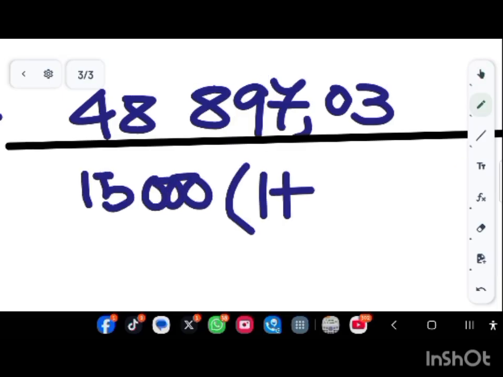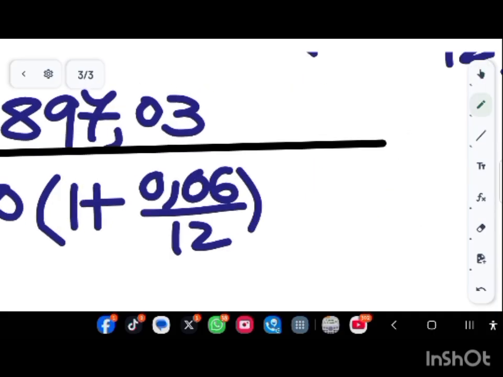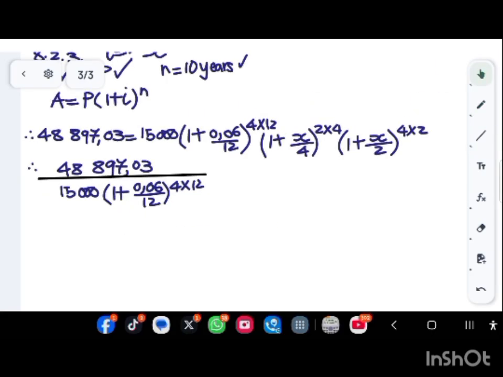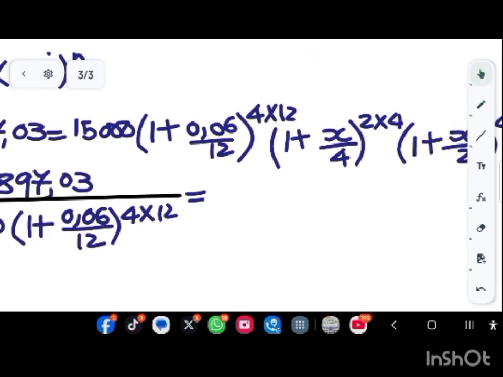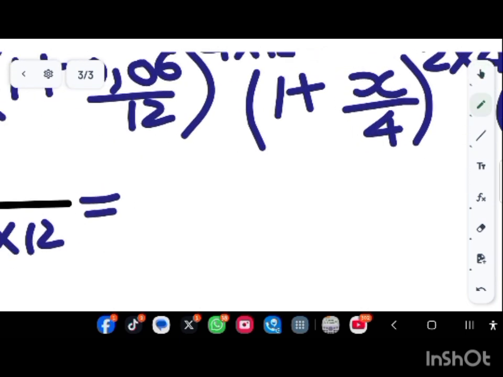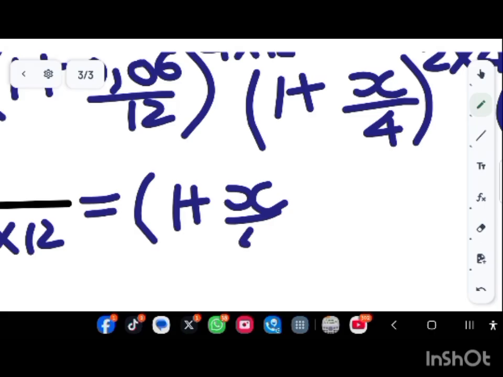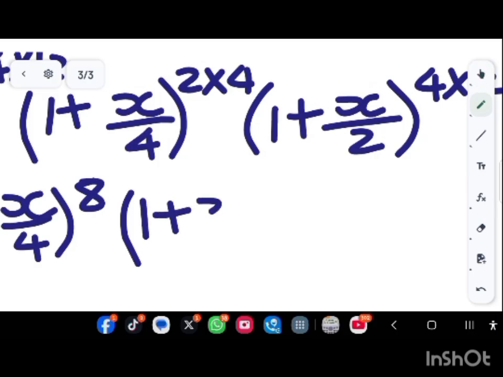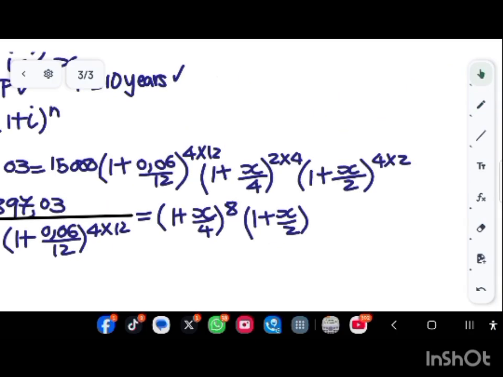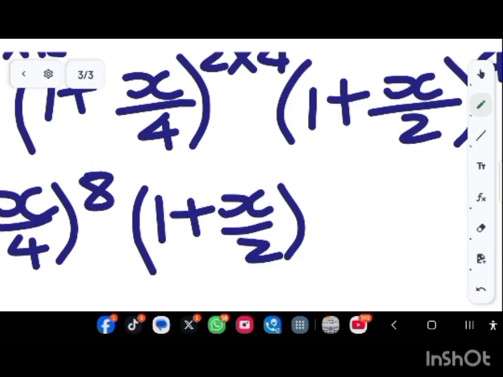It's 1 plus 0.06 over 12 to the power of 4 times 12. And that is equal to everything on the right hand side: 1 plus X over 4 to the power of 8, times 1 plus X over 2, all to the power of still 8. 4 times 2 is also 8.